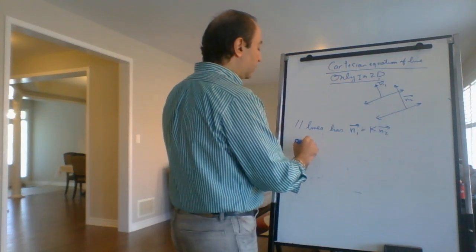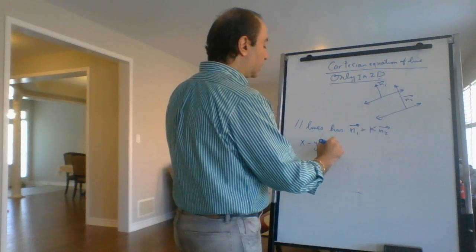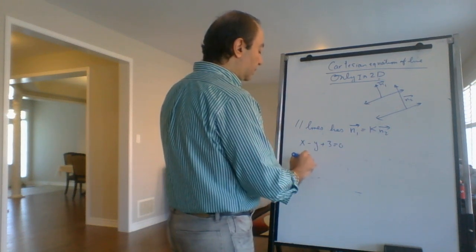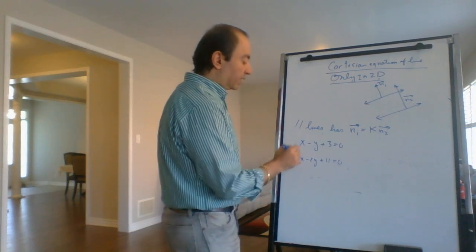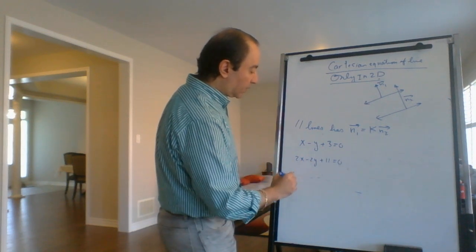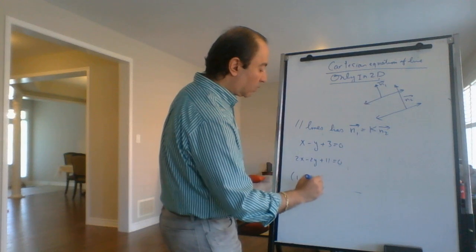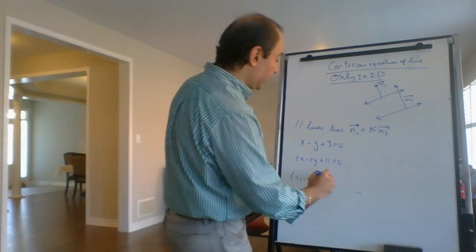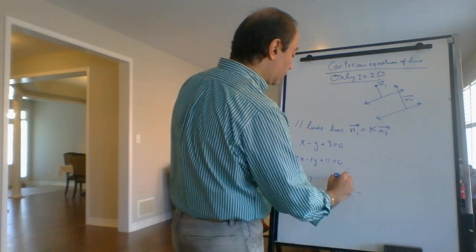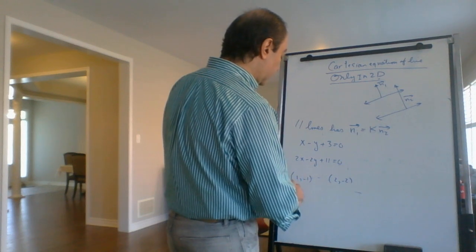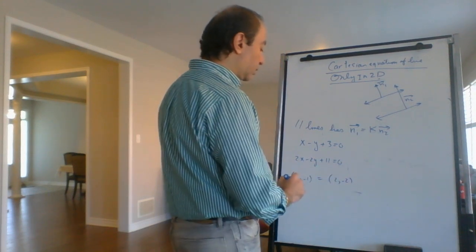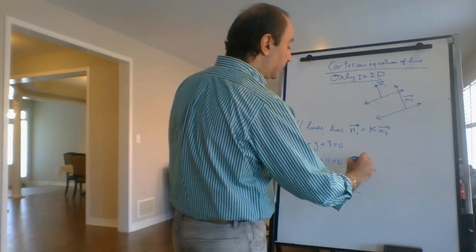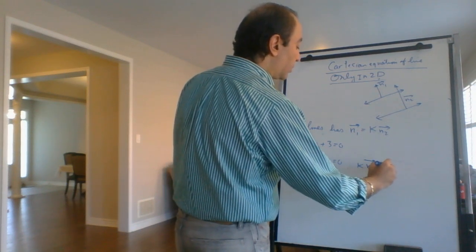Example for that. Let's say x minus y plus 3 equals 0, and 2x minus 2y plus 11 equals 0. You see the normal vector of the first one is (1, -1). The normal vector of the second one is (2, -2). That means if I multiply this by 2, I will get this vector. So k times n1 equals n2.